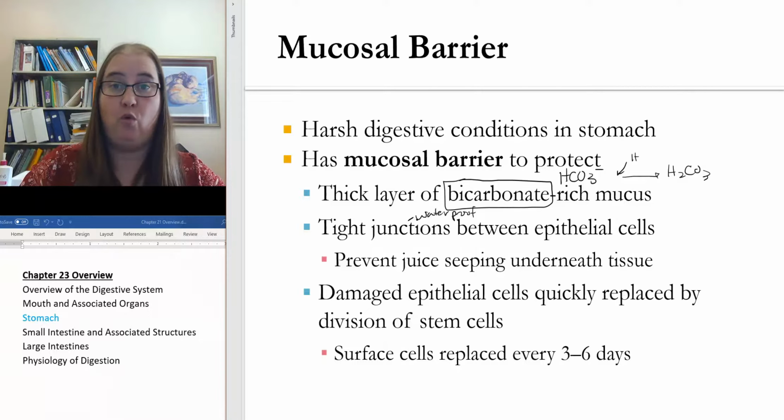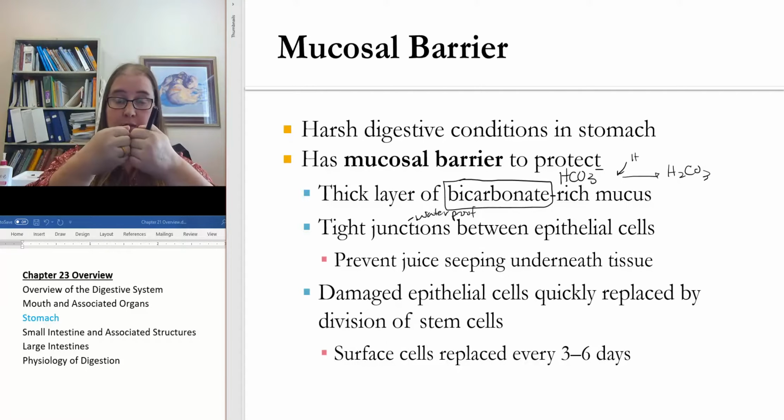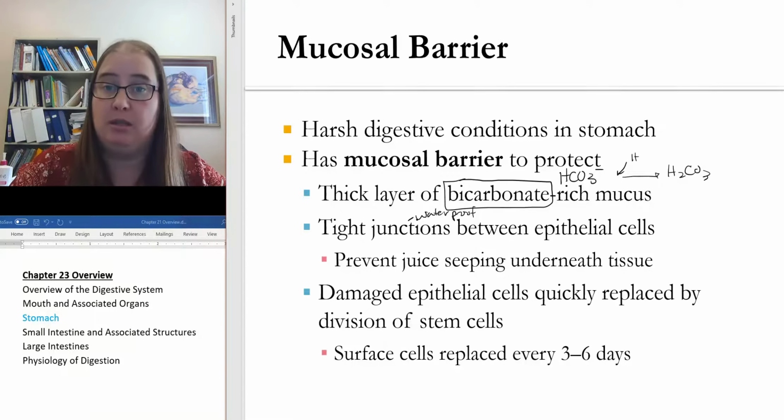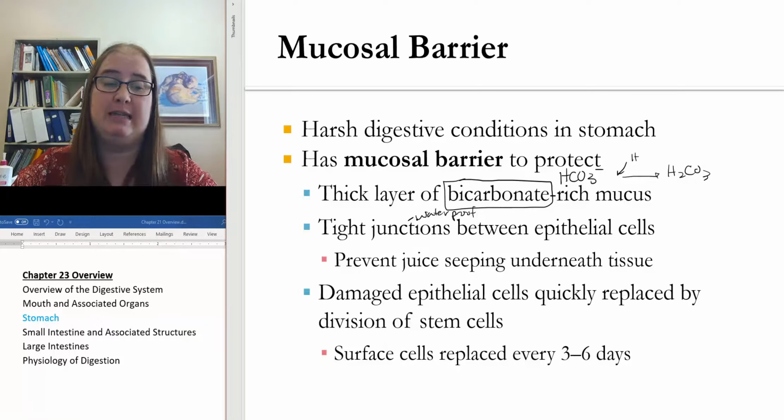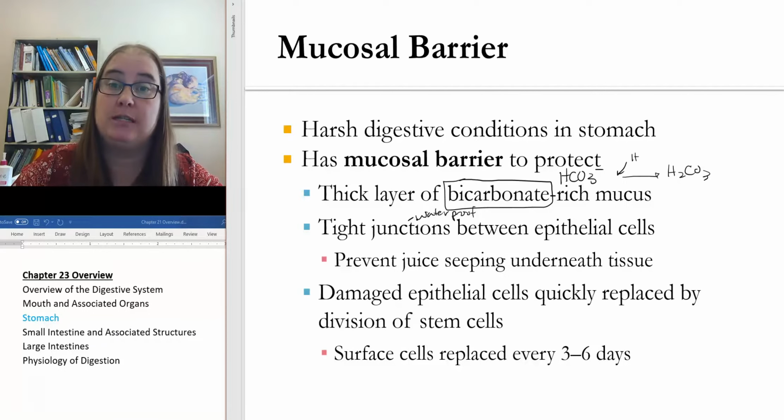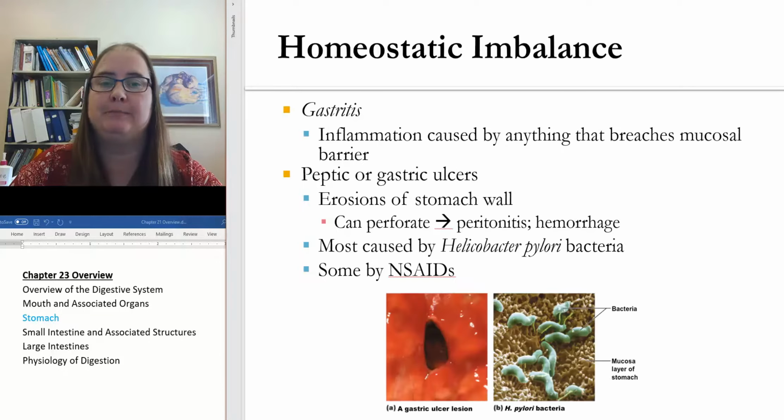So you form your zipper in between those cells so that the liquid of the stomach can't seep down through that. Any damaged epithelium is replaced fairly quickly by a stem cell population that exists within the epithelium. Your surface epithelium is replaced about every 3 to 6 days, just because there's going to be some damage to that epithelium. So there's a constant turnover of the cells of the stomach.